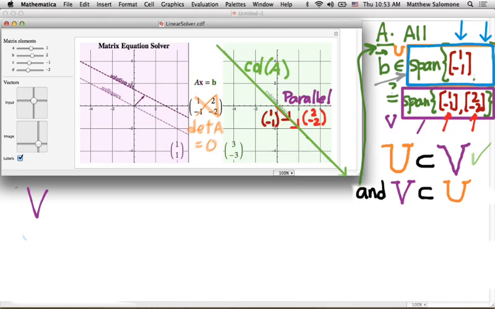To show that V is a subset of U, what we should do is show that for all vectors little v belonging to capital V, we want to show that v must also belong to U.